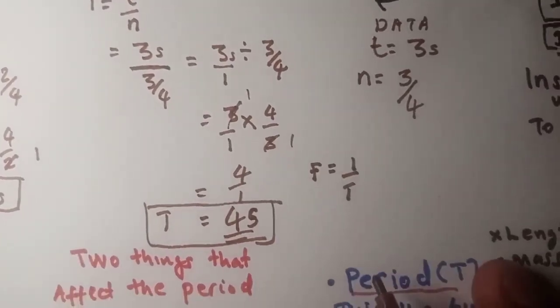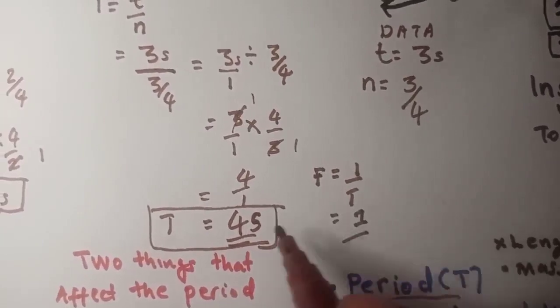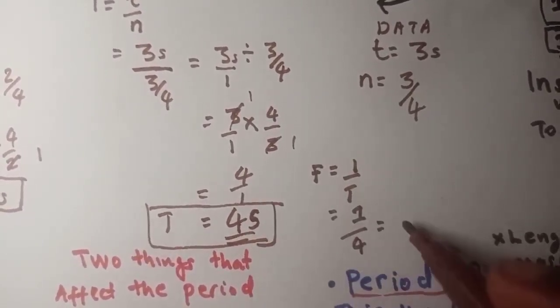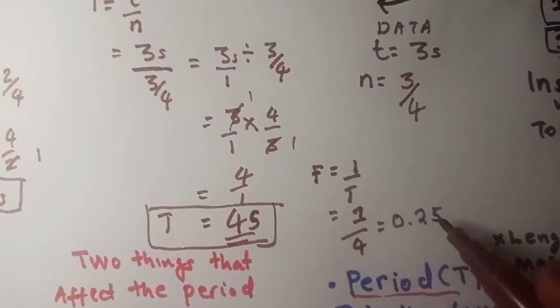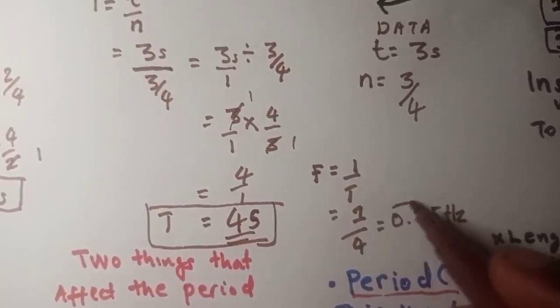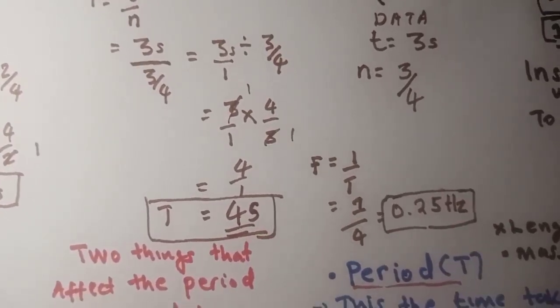So frequency will be 1 over 4, and this is going to give us 0.25. This will be in hertz.